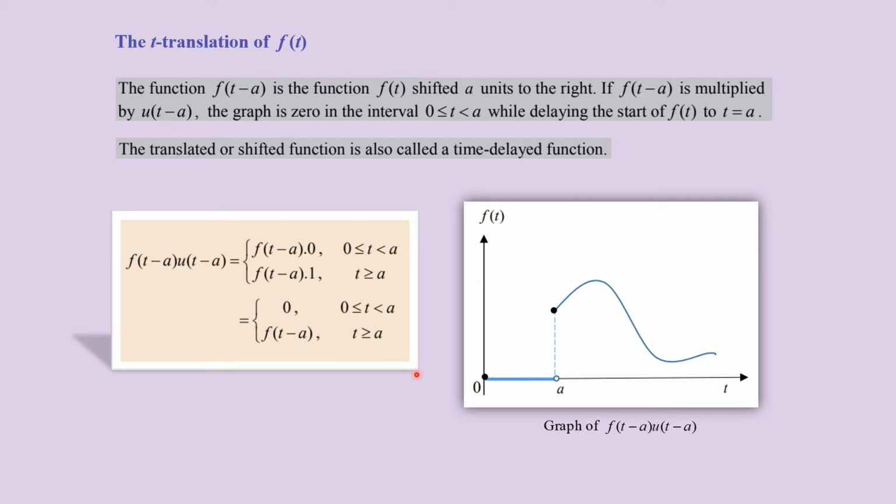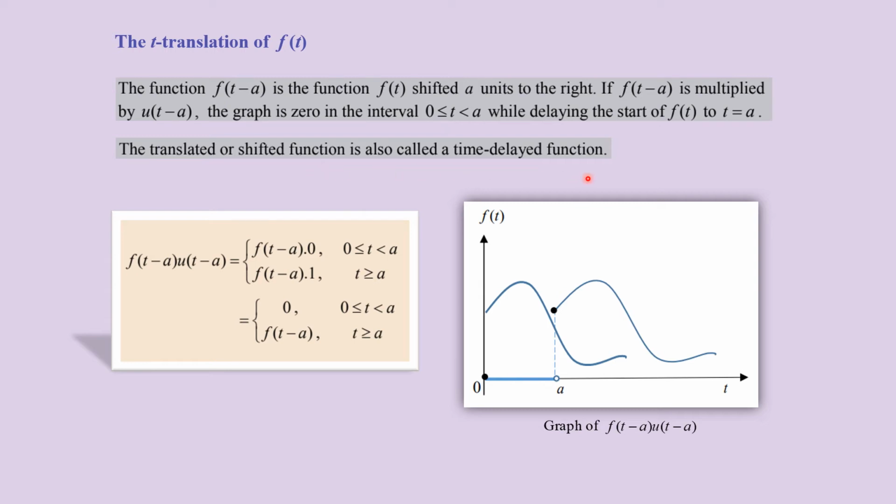Okay, so this is the graph. Within this interval, the function is equal to 0 for t larger than or equal to 0 and less than a, but for t larger than or equal to a, you get the function f(t − a). Now this function f(t − a) is actually the graph of f(t) shifted a units to the right. So the translated or shifted function is also known as a time delayed function.